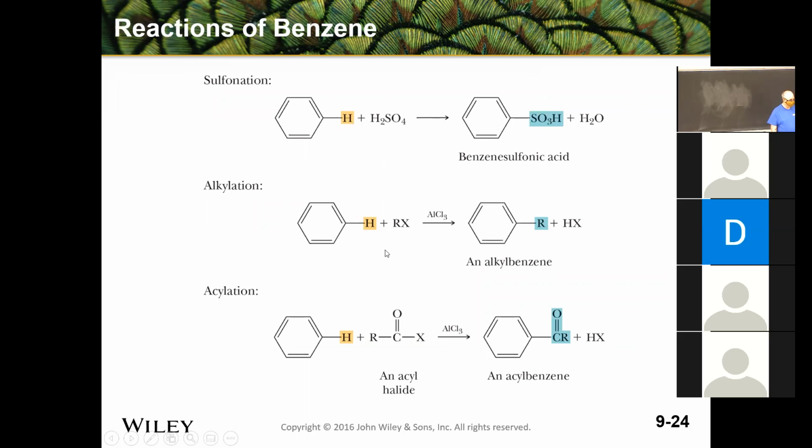Alkylation. Here we can make something like toluene or ethylbenzene or some other alkyl benzene. So we use an alkyl halide, usually a chloride. X is usually chlorine. And this requires a catalyst such as aluminum chloride.